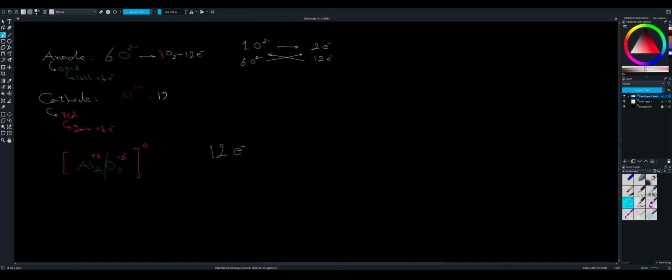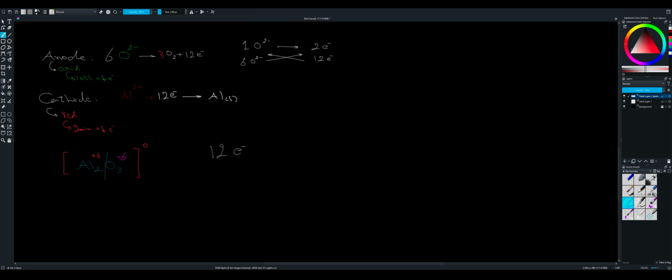So after the aluminum gains 12 electrons, we are gonna end up with the thing that's actually brought us here in the first place, which is just having aluminum. That's the element that we have been trying to extract all along.